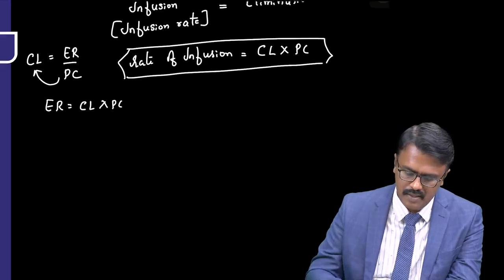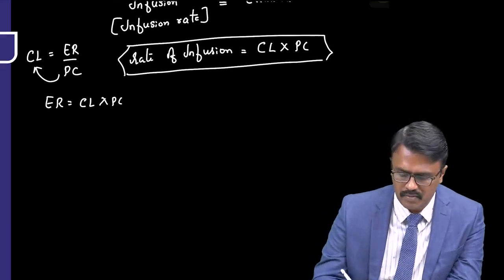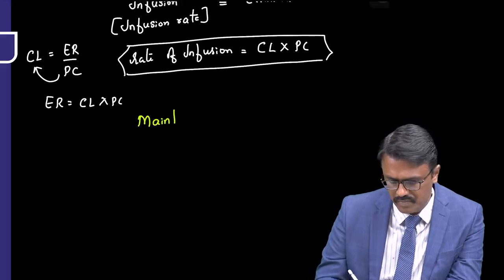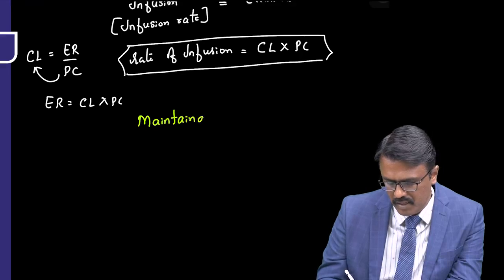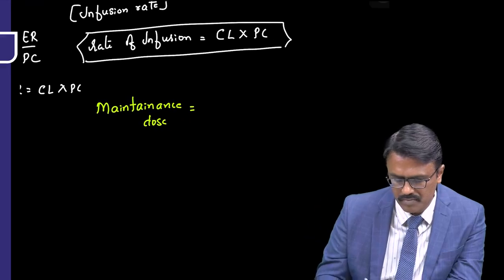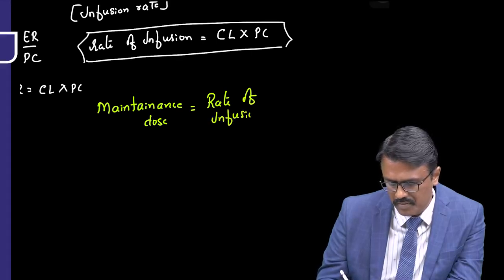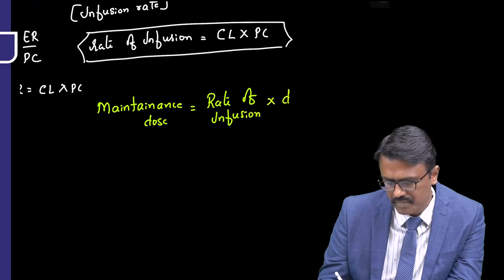Yes, fine. Now another important aspect we need to derive from this is a dose called maintenance dose. Maintenance dose is equal to rate of infusion, or infusion rate, into dosing interval.